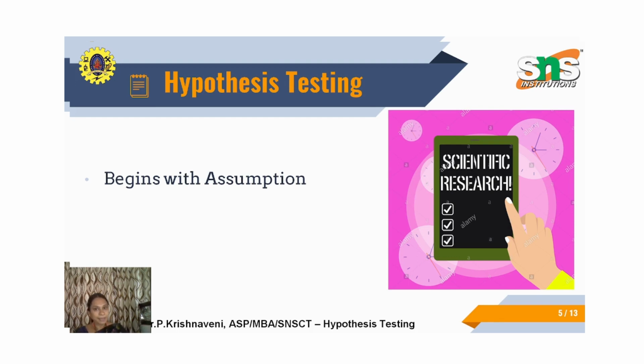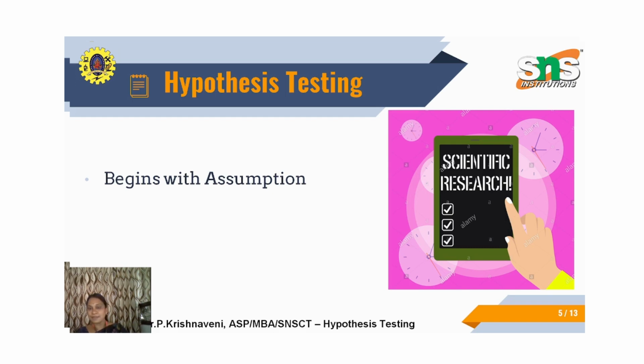So I begin with the assumption that the particular patient has COVID flu, or there is no COVID flu. The result could be either positive or negative. So here the assumption is that the person has flu or has not. I have to start my testing based on this objective, based on this assumption.